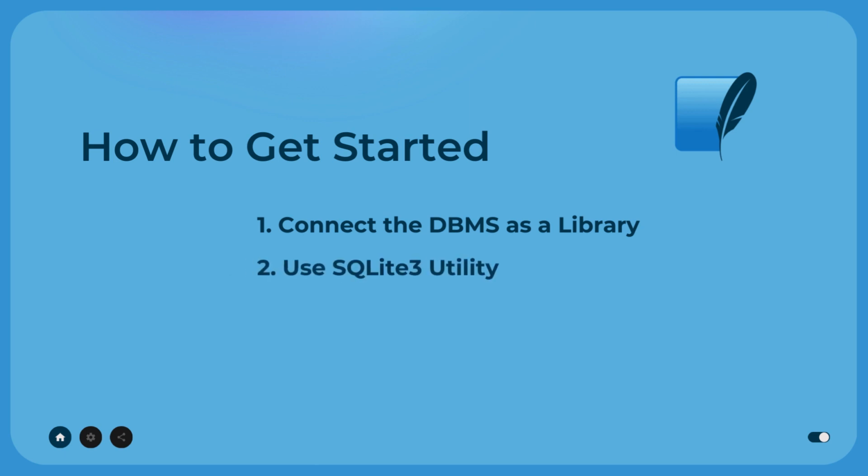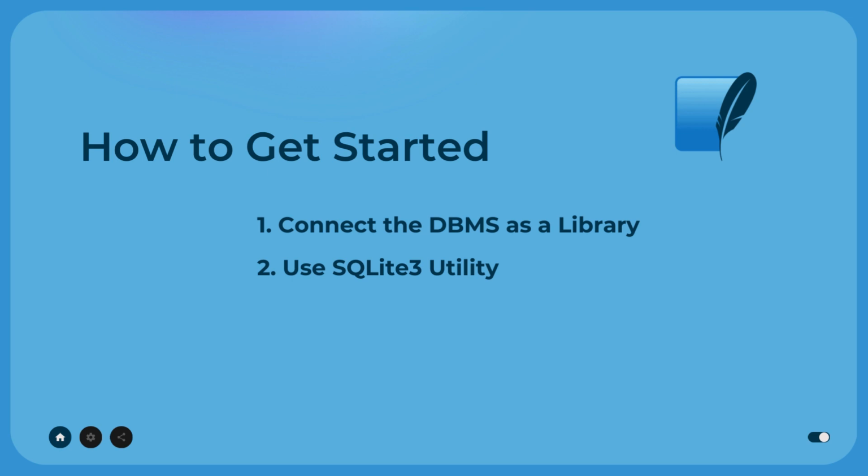SQLite 3 is a command-line utility for interacting with SQLite databases, provided by the developers of SQLite. It's available for Windows, Mac OS, and Linux. Using SQLite 3, you can perform various database operations like creating, modifying, querying, or deleting tables and data.